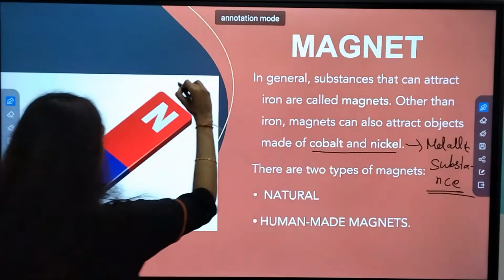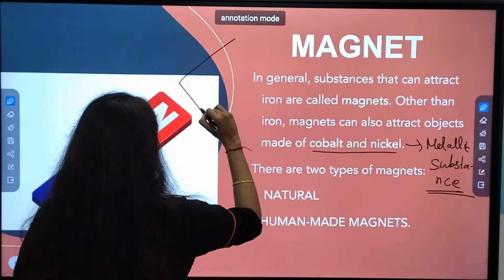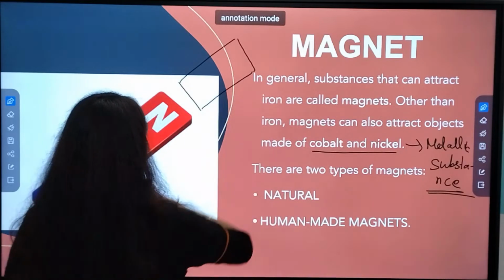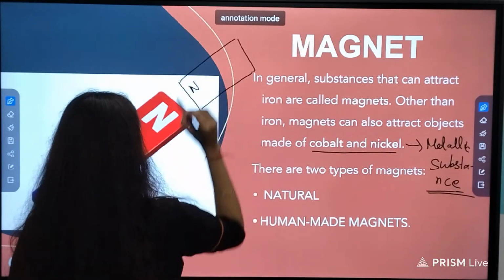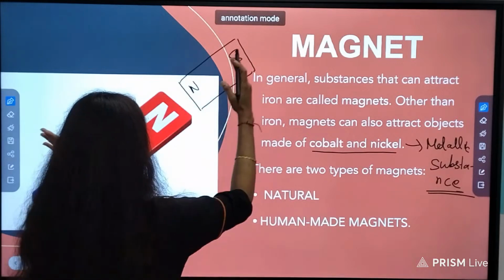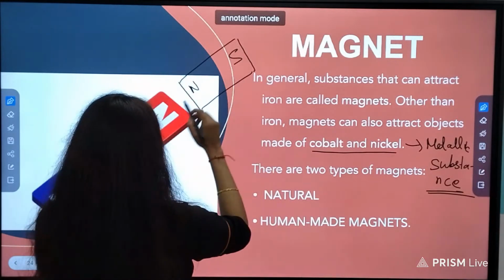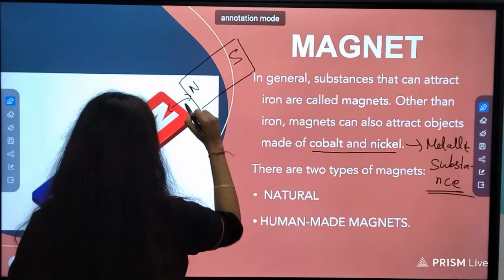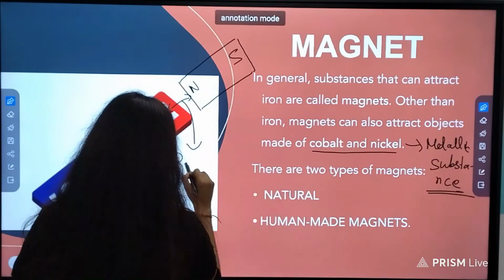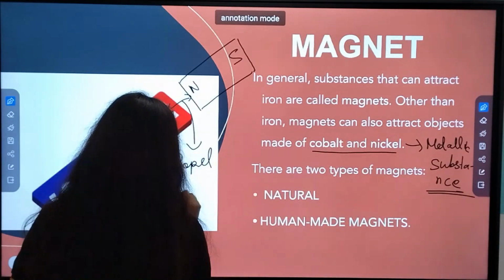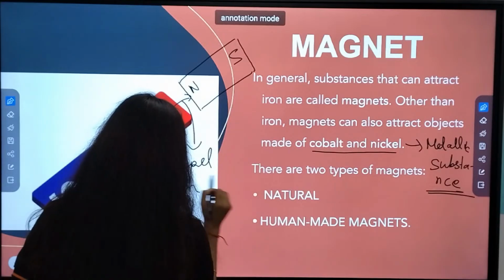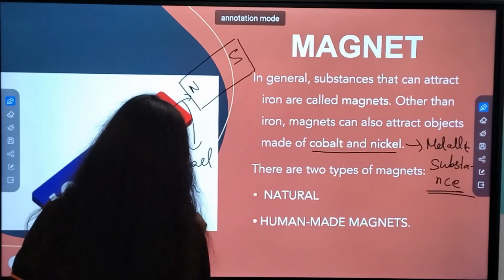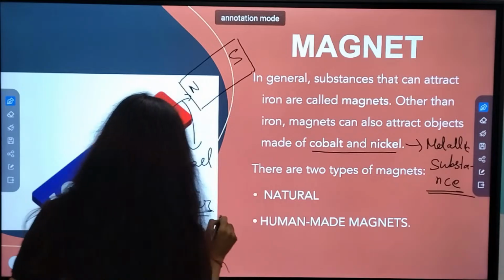Now, if you bring another magnet towards it, and if this is north pole and this is south pole, you can never attach them. The same poles always repel each other. Okay?